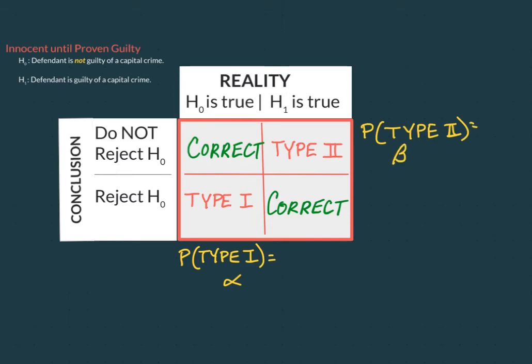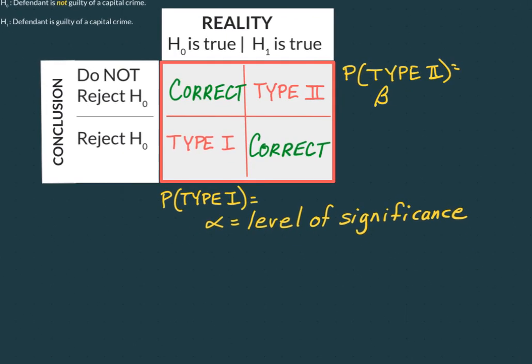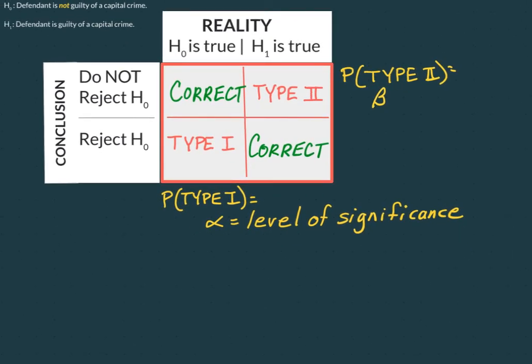For so many applications, it is important to try to avoid a type 1 error. That's what we look at when we're setting up our hypothesis test. In fact, we have a name for this alpha. It is called the level of significance. Remember, alpha is the probability of that error occurring.